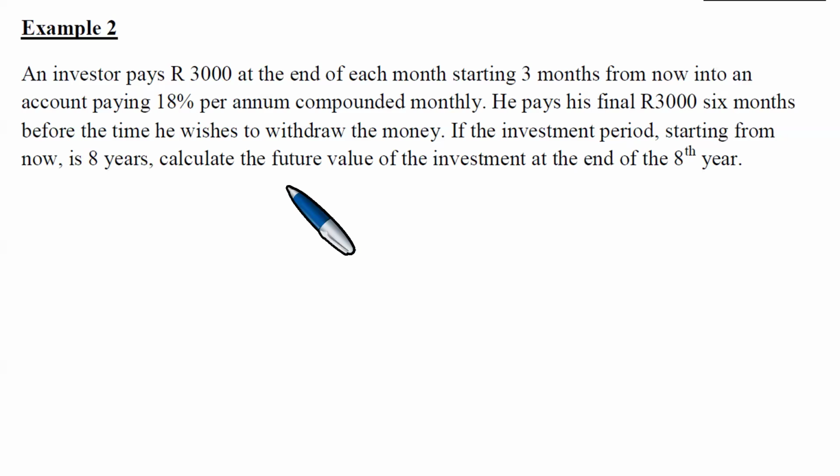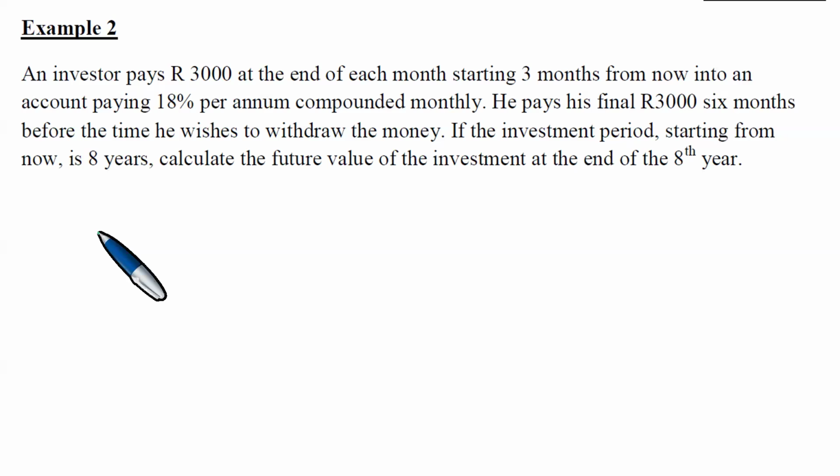So I think I have an idea of what I'm supposed to do. Okay, what do you think you need to do? We're going to use the future value formula. First things first, the future value formula. Well done.